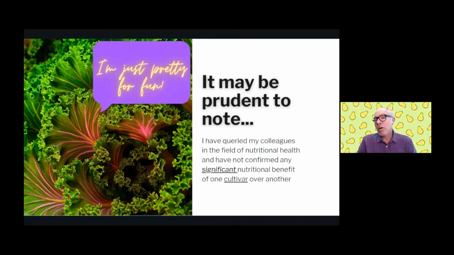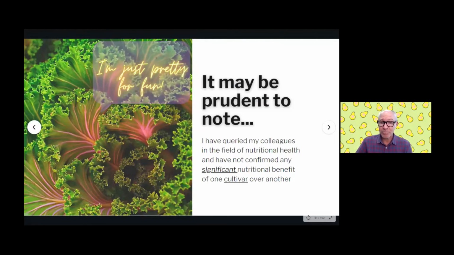Certainly, it could be argued that there is more nutritional value to a cultivated purple, green, yellow, orange, white, anything carrot than that wild little fibrous string that it was derived from. But generally speaking, just eat your vegetables. It doesn't matter what they look like. Sometimes they're just made to be pretty for fun, like this rainbow kale.